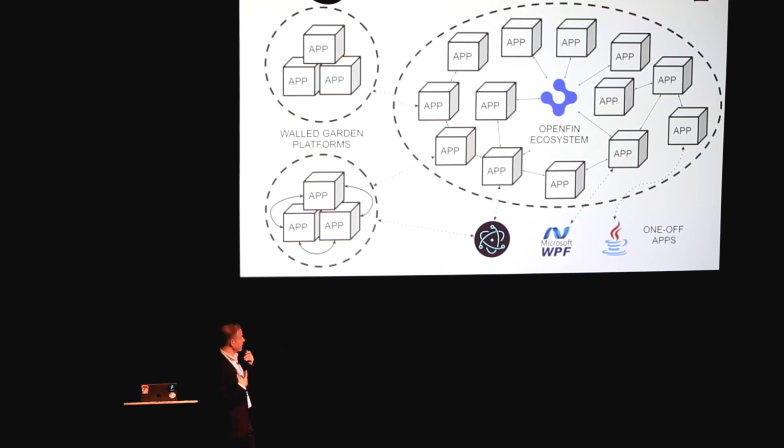You could have messaging between all these applications if they're running on OpenFin, and you could even run messaging between OpenFin and other things in these walled gardens, as well as a long tail of one-off apps running on various different technology stacks that you could also run pipes between.